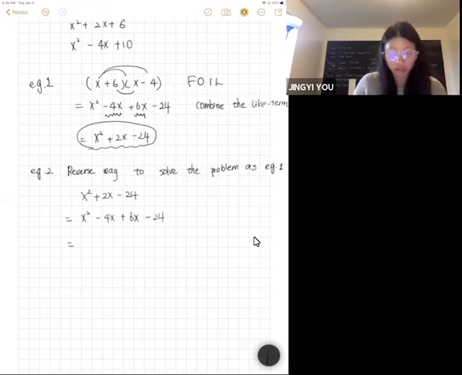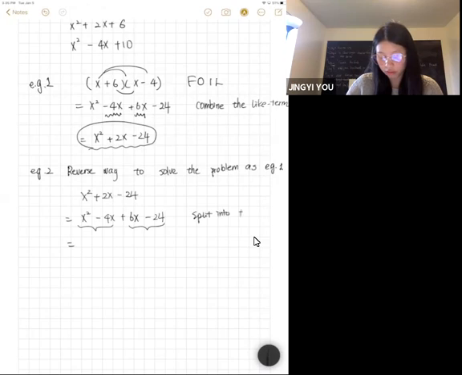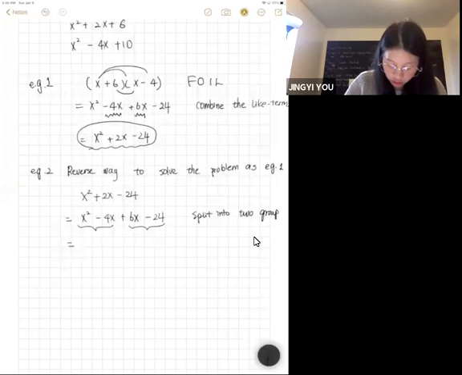And then we factor it. Remember what we learned last time? We group it first. We split it into two groups. So I have x times x minus 4 plus 6 times x minus 4.